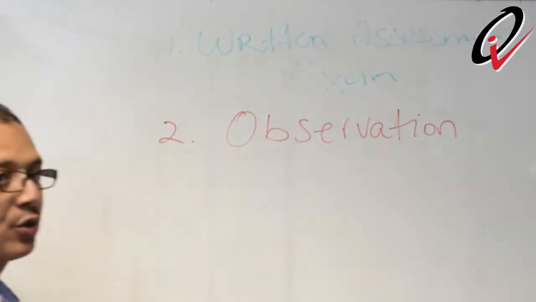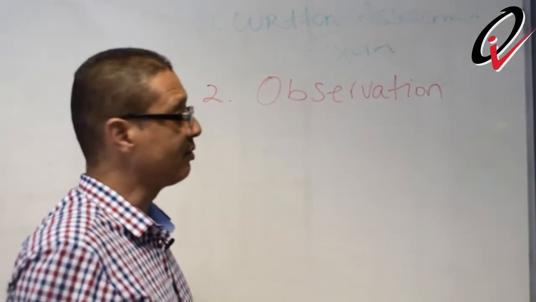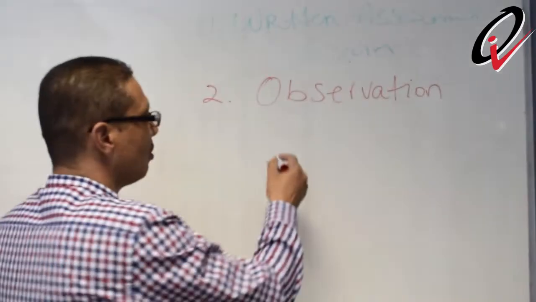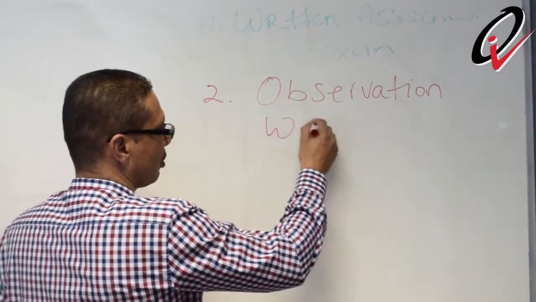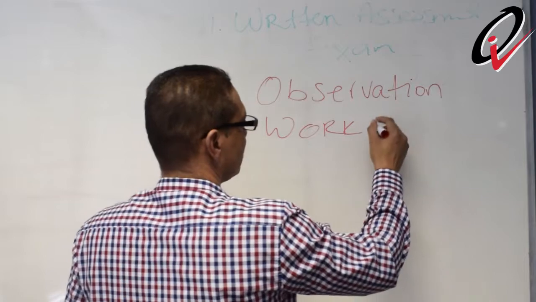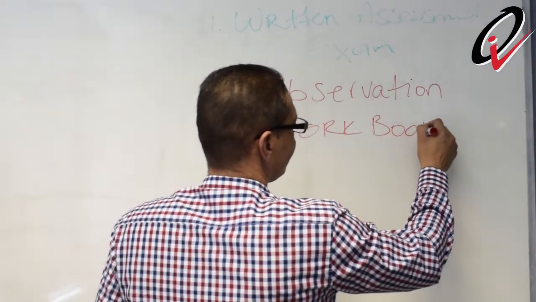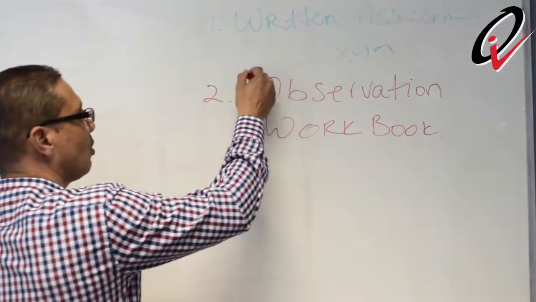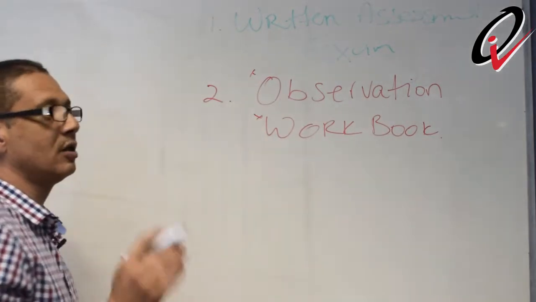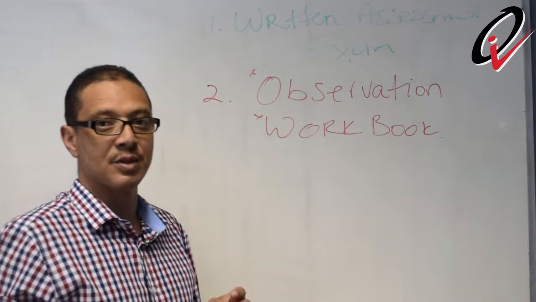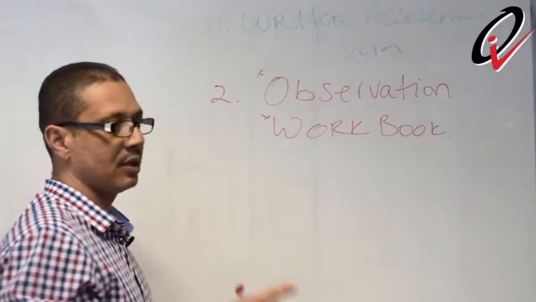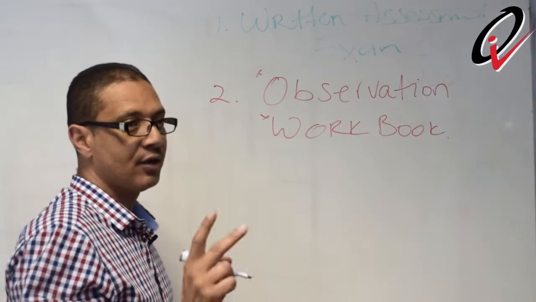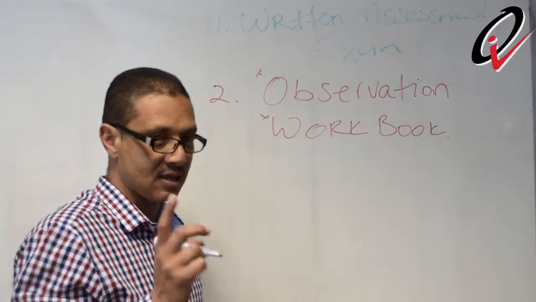Depending on the choice that I make for you on your behalf, it will either be observation or a formative workbook. So it will be either one of these two. But the condition, and it's a specific requirement, is that there must be 2 assessments and you need to show your competence as an assessor.